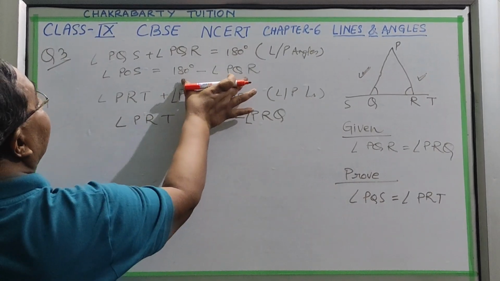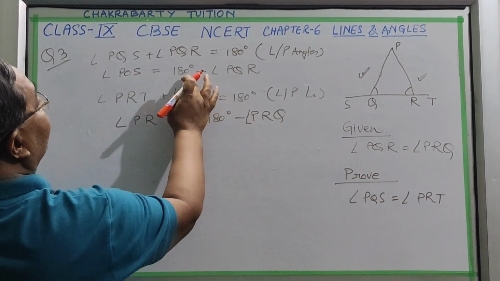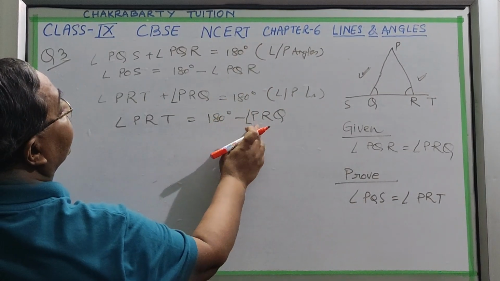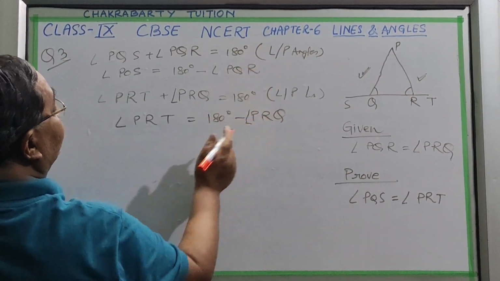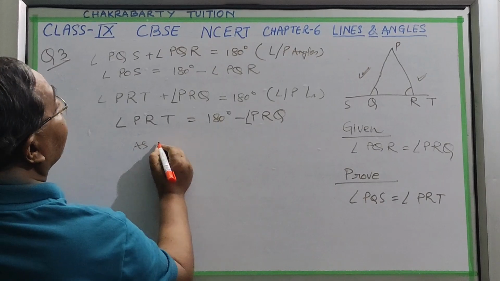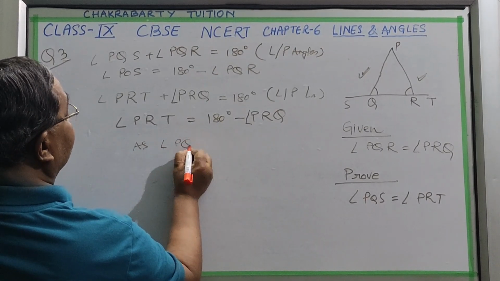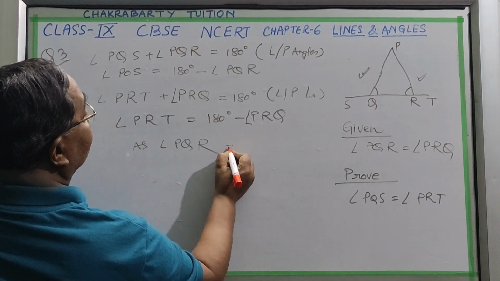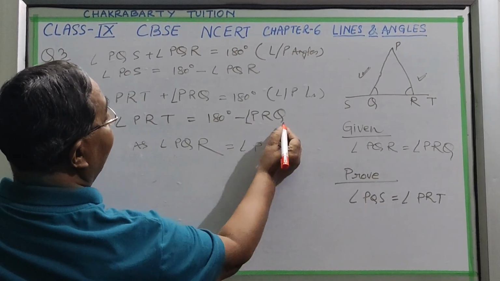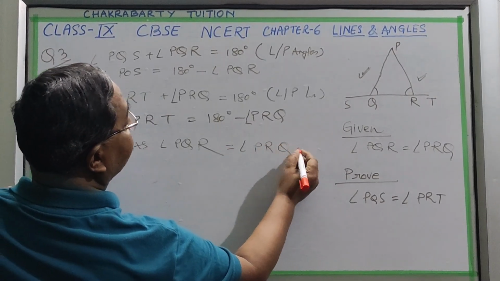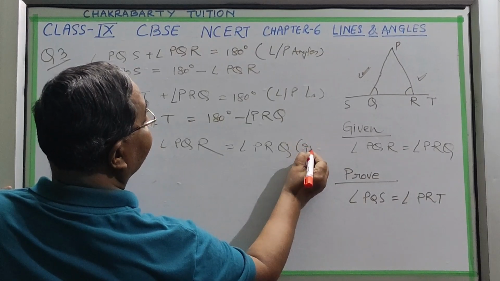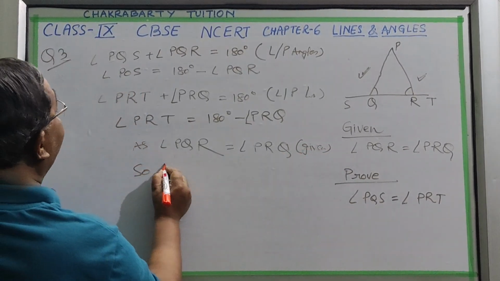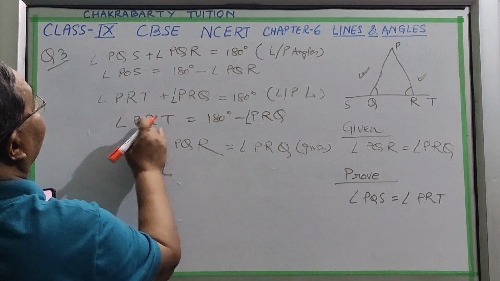It means here also 180 degrees minus, here also 180 degrees minus. So as angle PQR is equal to angle PRQ, this is given, this side will also be equal.